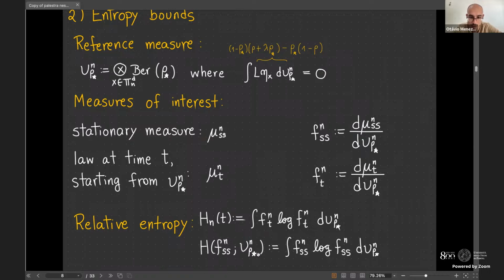And of course, we are interested in the entropy between the stationary state and the IID reference measure. Our goal is to estimate those things and then see what we can deduce from such an entropy bound.